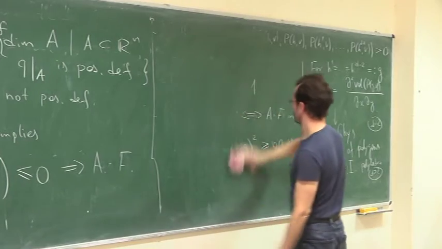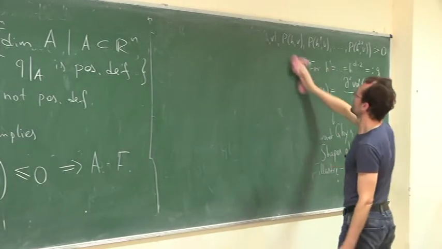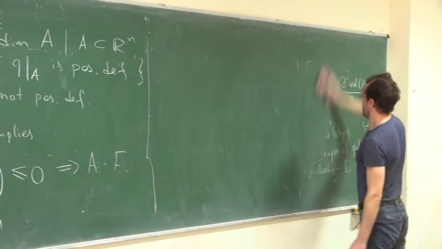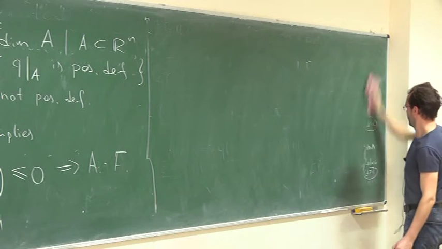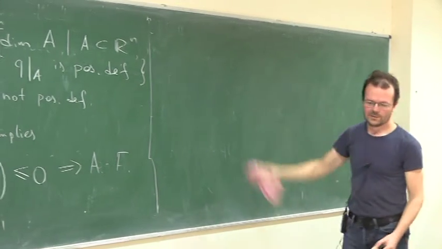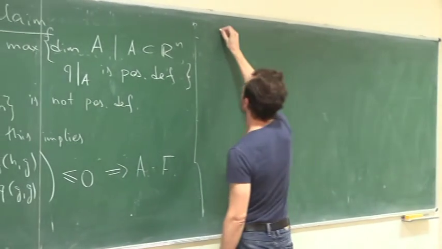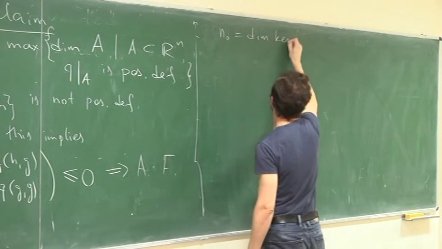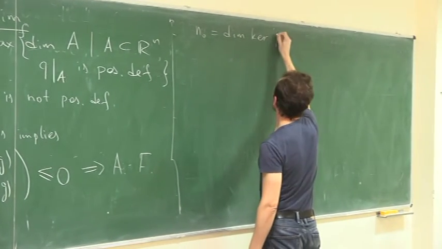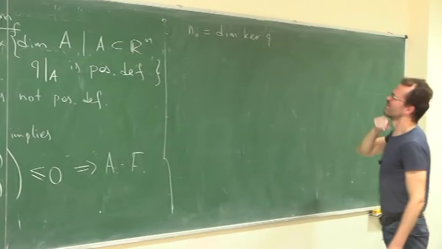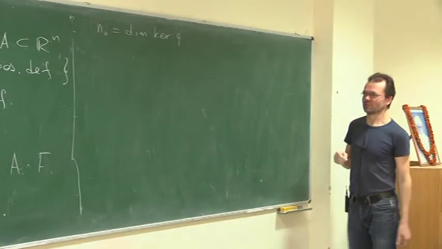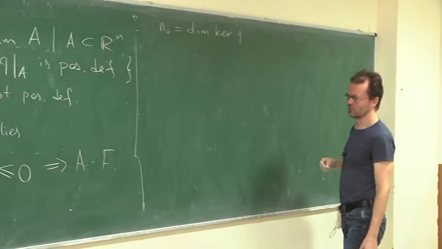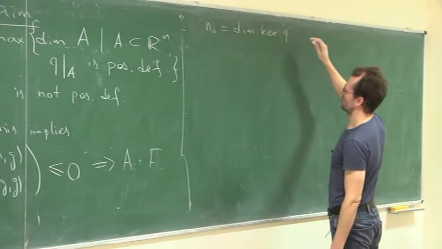I was not going to say that, but thanks to you, n0, which is the dimension of the kernel of Q. Well, kernel is not a very good word if one speaks about symmetric bilinear forms, but it has some basis.